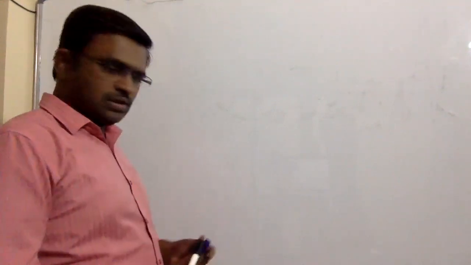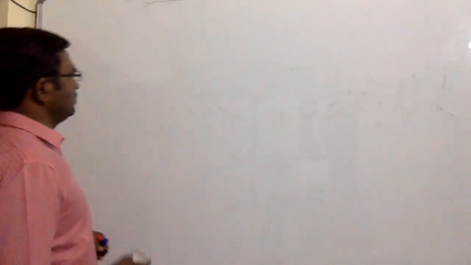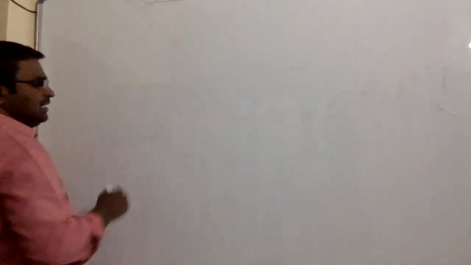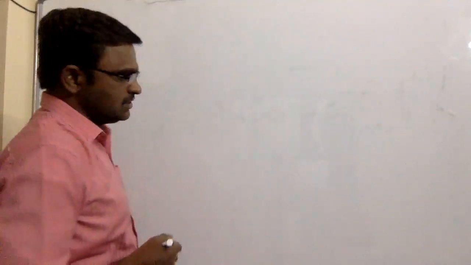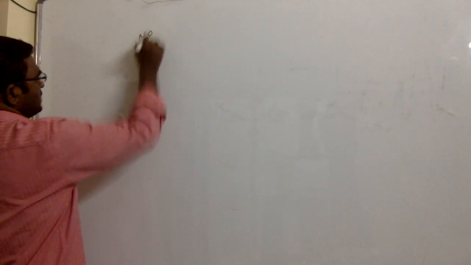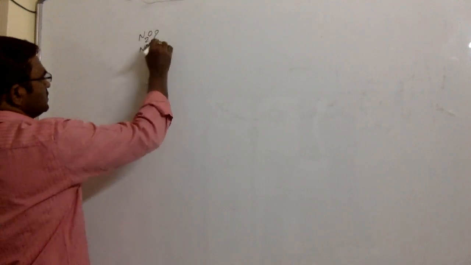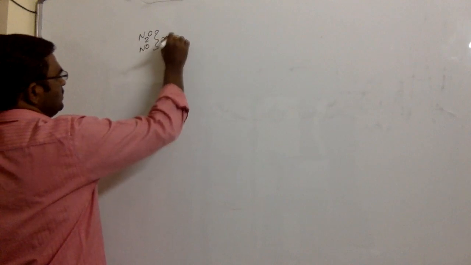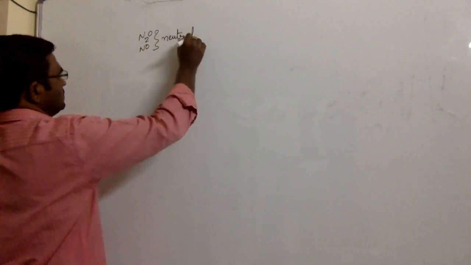Now we will discuss this with the oxides of nitrogen. Nitrogen mainly forms 5 types of oxides. The first two, nitrous oxide and nitric oxide, are neutral oxides.